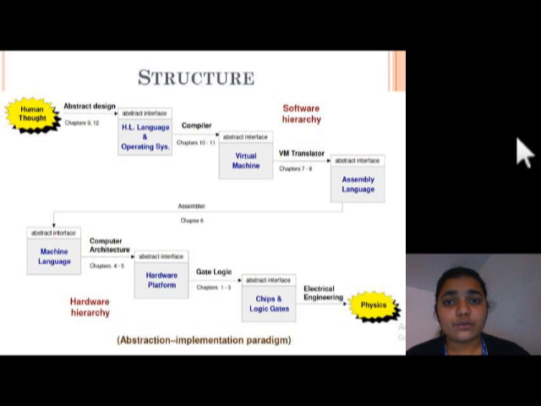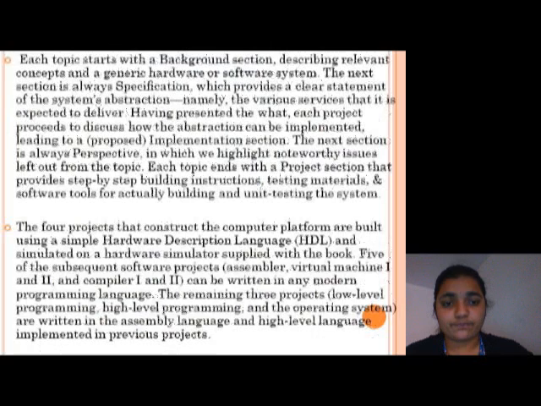Then the computer is made of all sorts of chips that could be built, which are based on the elements of logic gates, and the whole thing ends up with the hardware itself. So basically what we did is we built a software hierarchy that sits on a hardware platform.